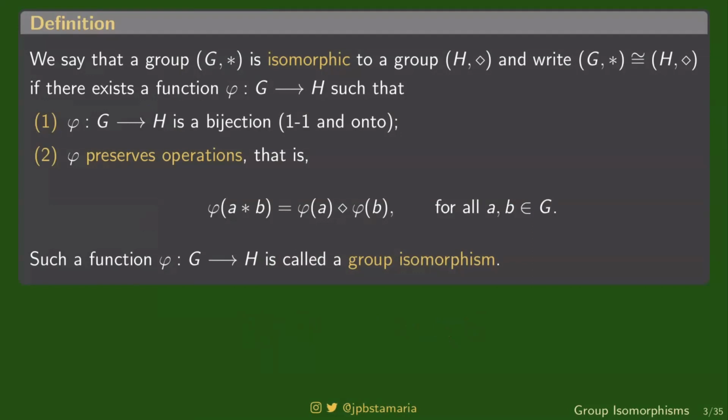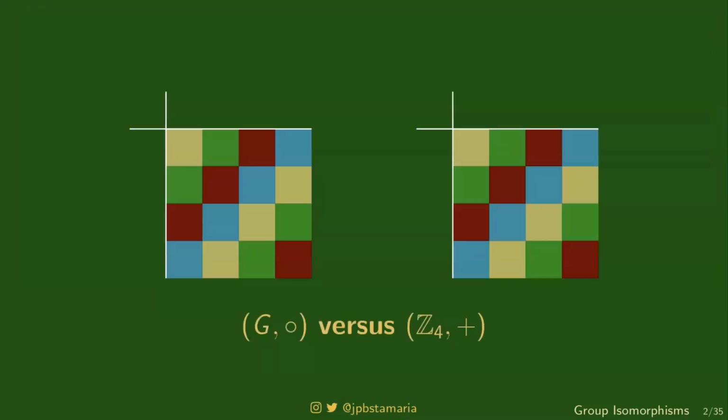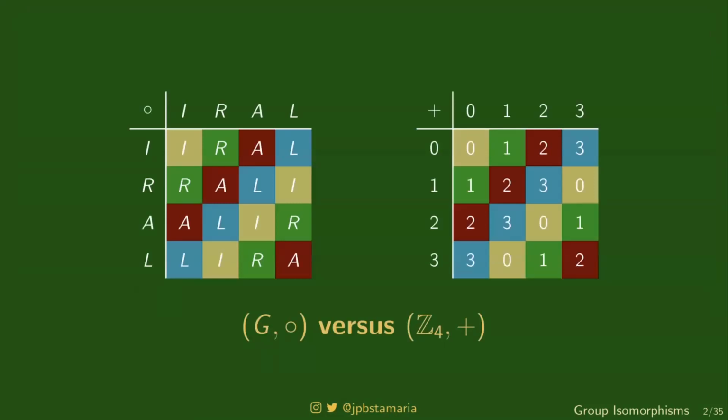As you can see, G may be totally different from H in the sense that, first of all, the sets may be different from one another. No? Second, their operations, of course, may be completely different. No? Kagaya nitong huling example ko. Ang laman ng G, mga commands, mga military training commands. No? While yung Z sub 4, integers modulo 4.